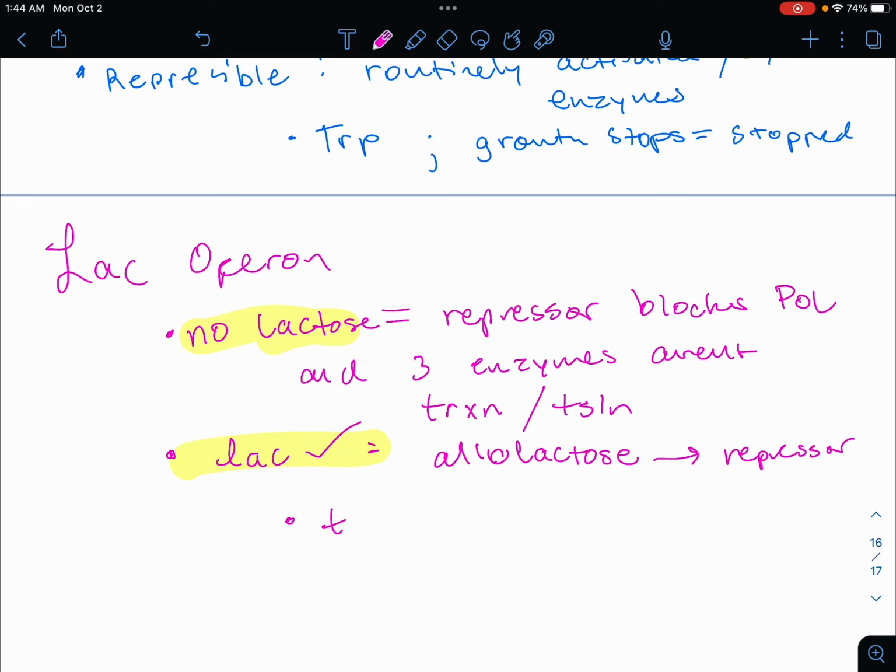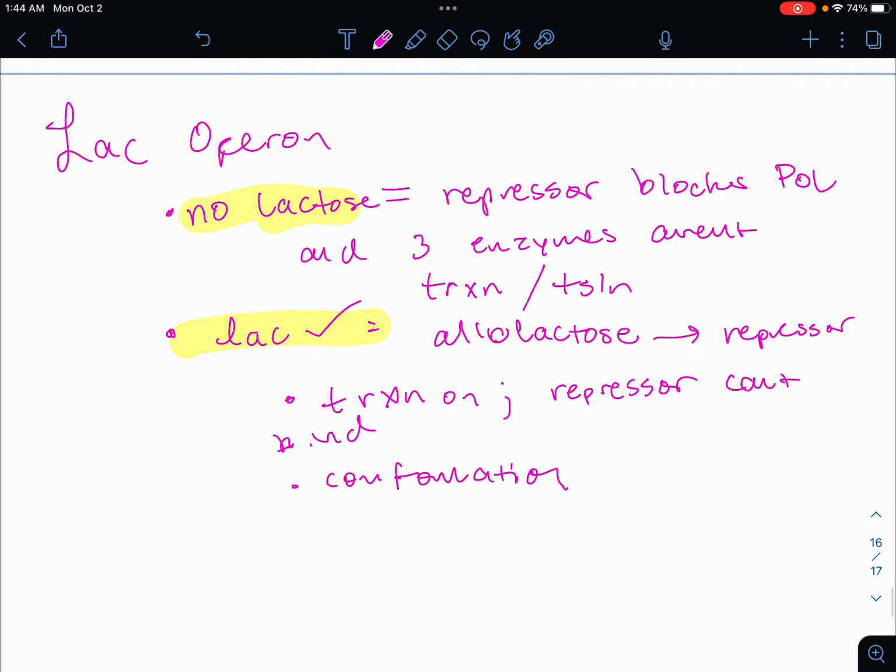This will allow for transcription to be on, and the repressor can't bind. This will then cause a conformation change, and that's basically its mechanism. Please review a video of the lac operon.